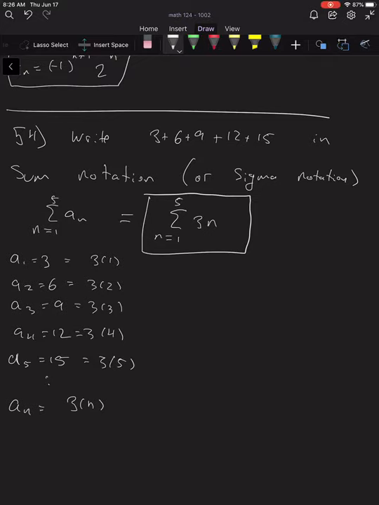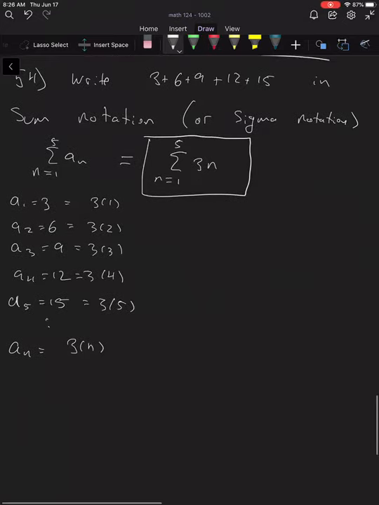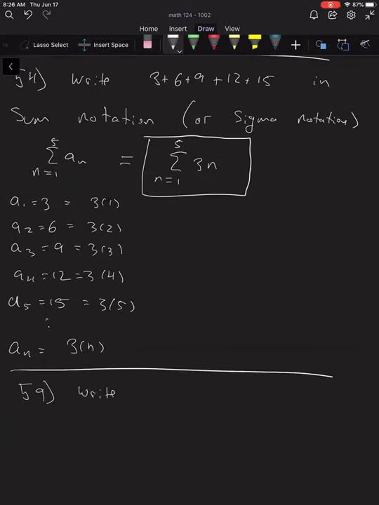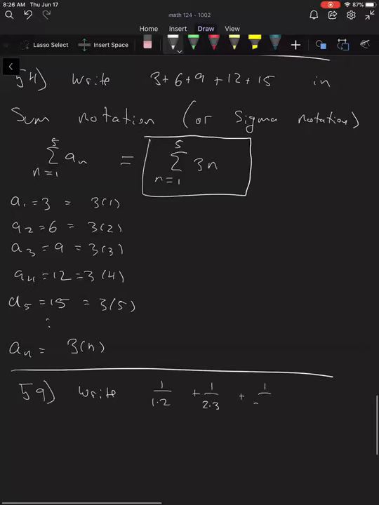All right, how about 59? So let's do the same thing. So this one is 1 over 1 times 2 plus 1 over 2 times 3 plus 1 over 3 times 4. And this goes on forever and ever.